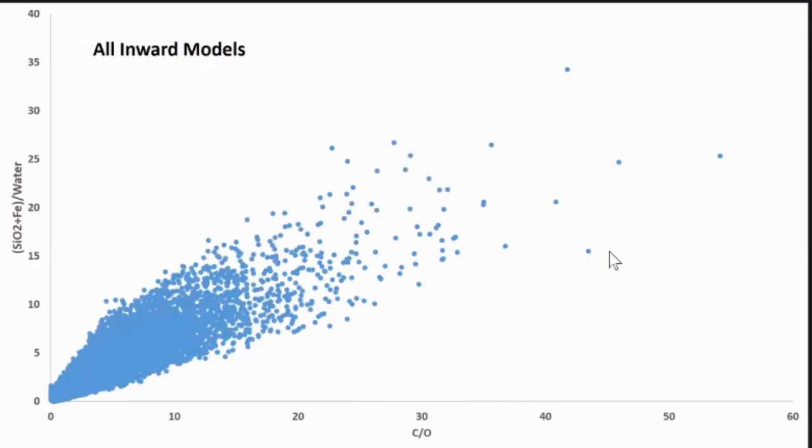Okay. So this is the rock to water ratio that we get and the C to O ratio that's associated with it. So you can see if you want to be down here where the C to O ratio is 1, then you're going to get small rock to water ratios. If you allow me to go up to 30 or 50, I can get anything I want.